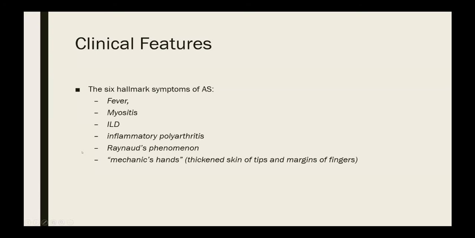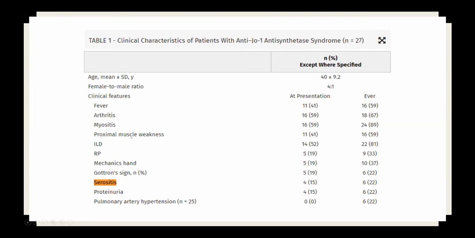So it's very important to keep this in mind, because things do evolve and change, and if you have an additional feature, you should always revisit your diagnosis. So avoiding anchoring is key to making this diagnosis. And this is from that study I just mentioned that talked about those patients who were originally diagnosed as rheumatoid arthritis and then went on to develop these other symptoms.